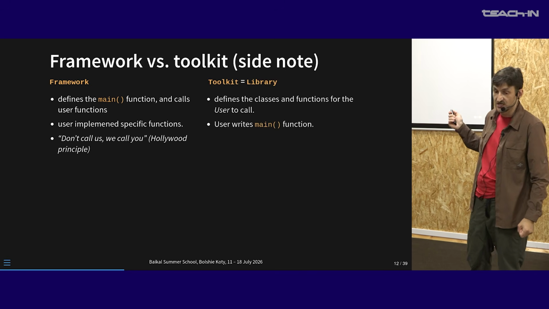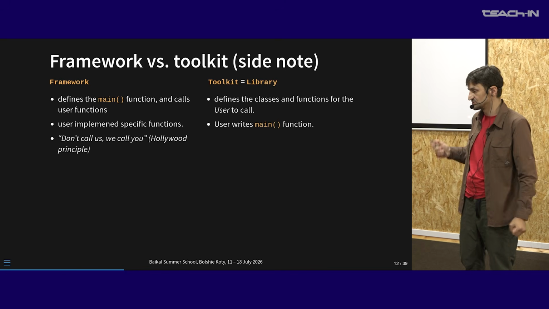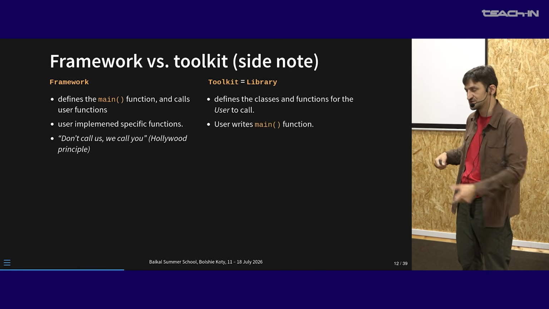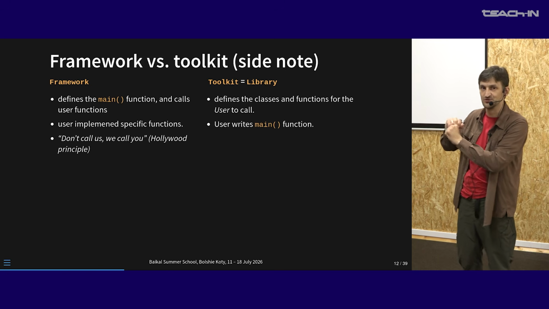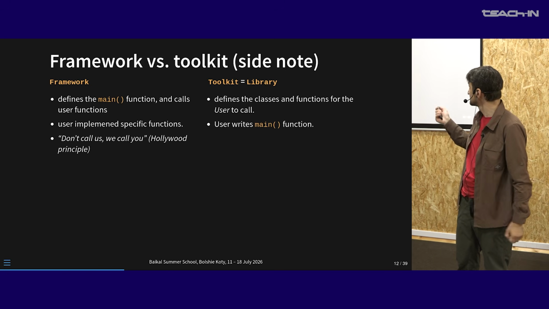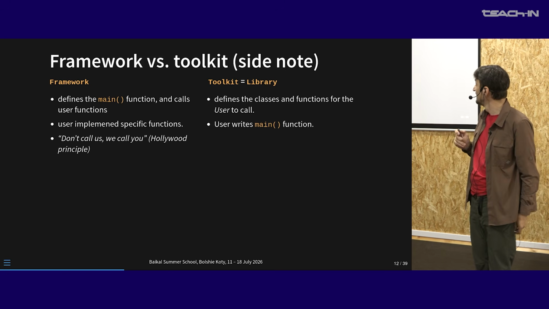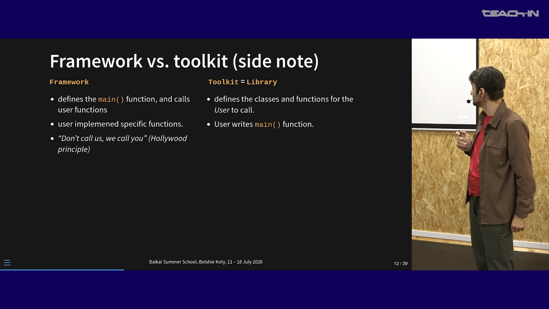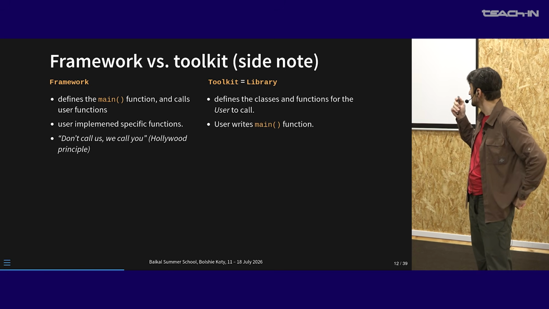A toolkit is a library, and a library is good because you have shelves of books and you are free to choose the ones which you need. And this is how, I think, it's supposed to be with Geant.